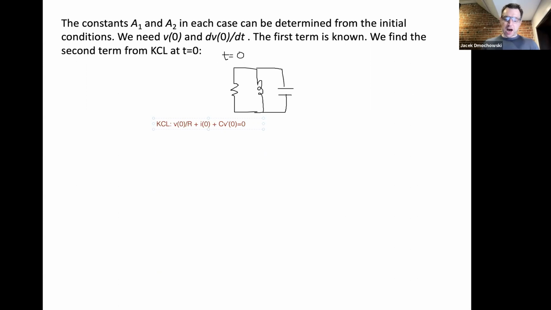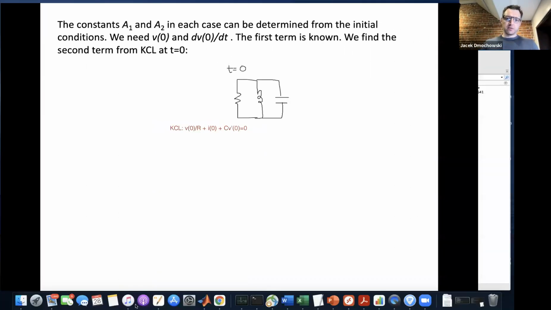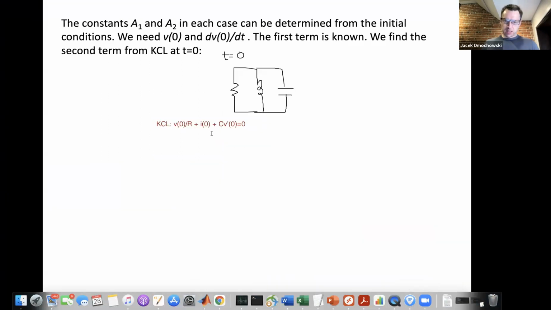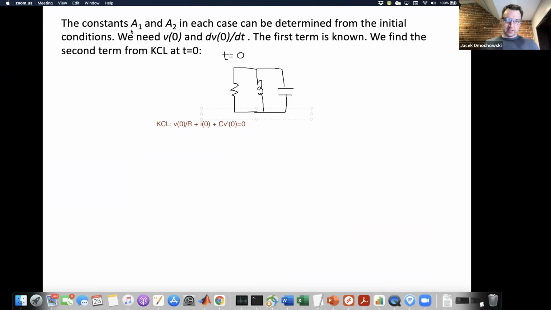The CV prime is the current through the capacitor. And the reason I'm writing this out is that at least I have a systematic way of getting it back now, even if it is extremely annoying.